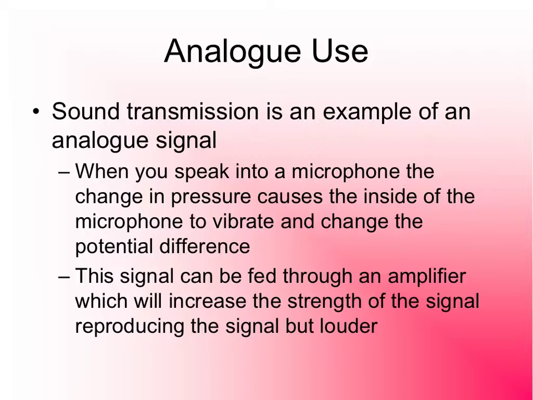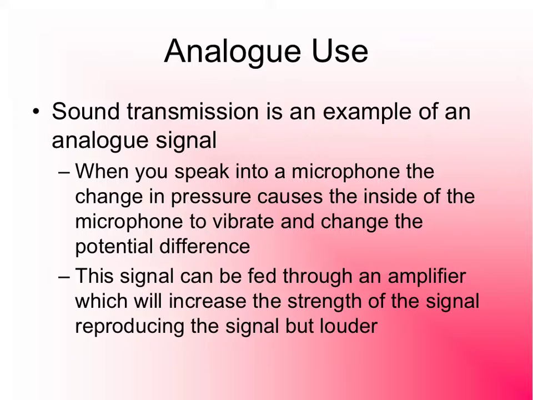Transmission of sound is a good example of this. When you talk into a microphone and it's connected to a speaker, your voice, or the music, or whatever it is that you're talking into, causes very small pressure changes inside the microphone.